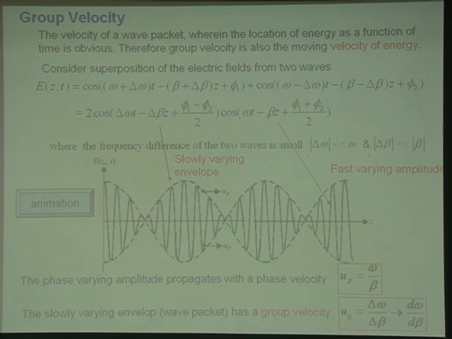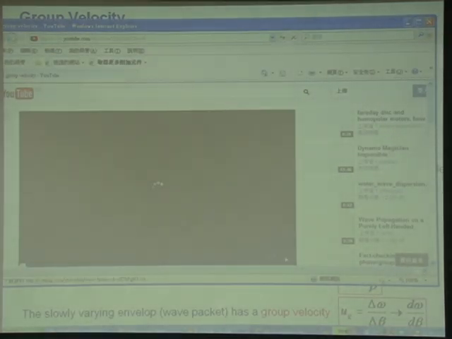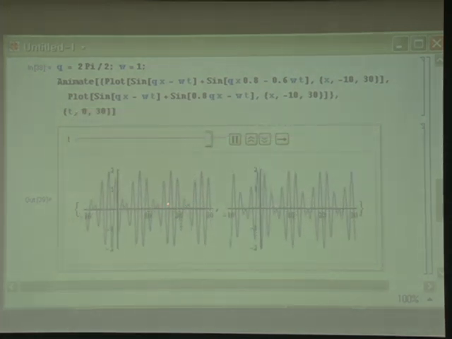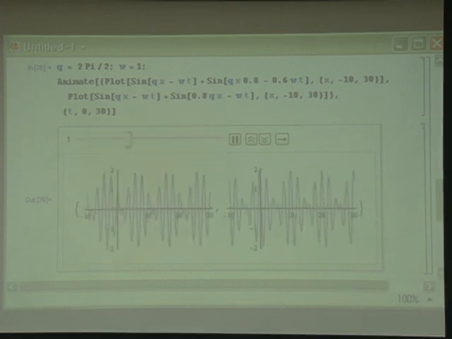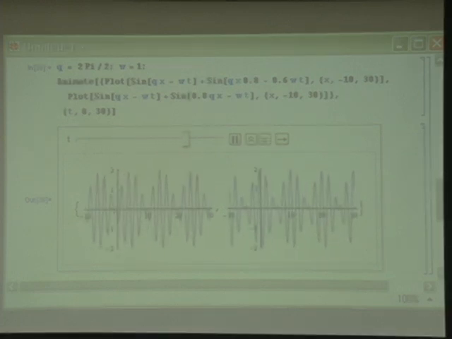Any questions? Here is an animation. You can see that the field inside moves at a speed different from the envelope, so you will see the field inside the envelope changing. Let's see an animation. You see the envelope, and you see this field going up and down relative to the envelope. This means that the envelope propagates at a different speed from the field patterns.